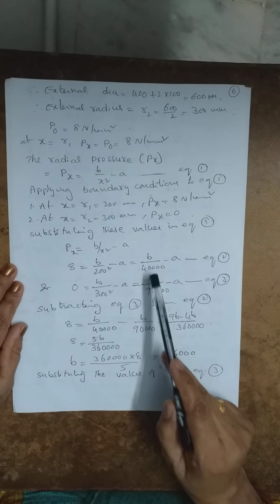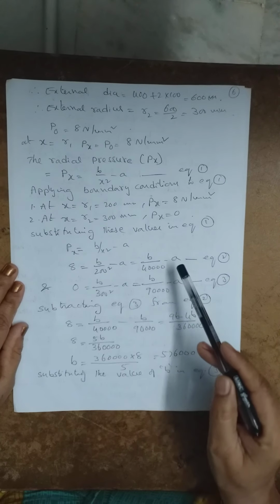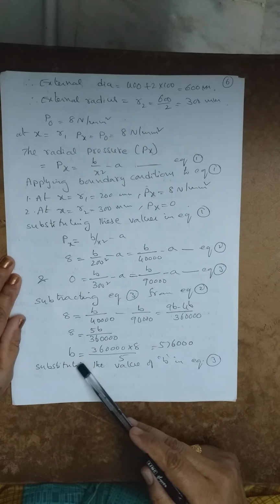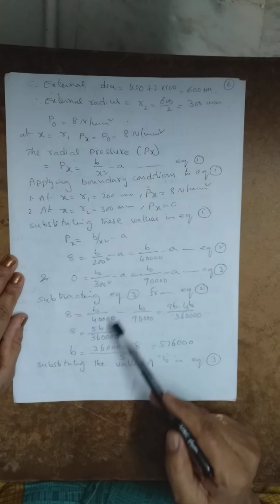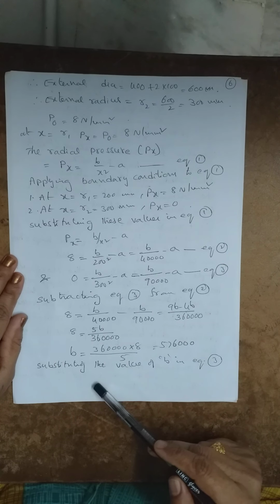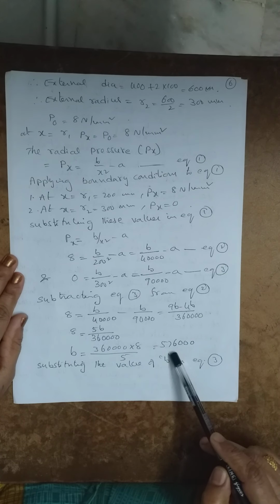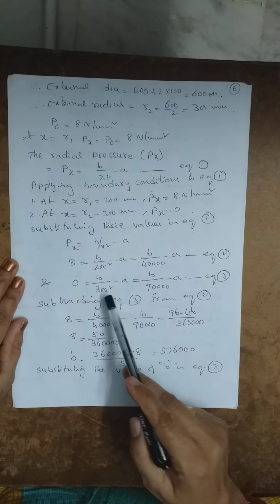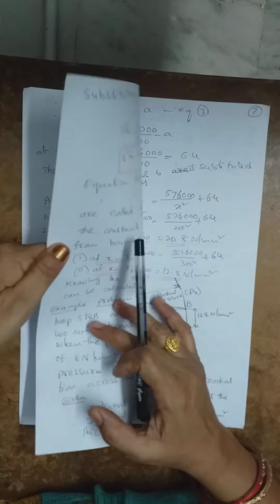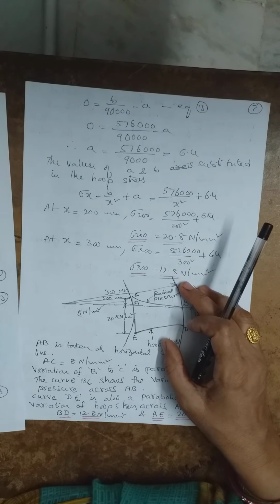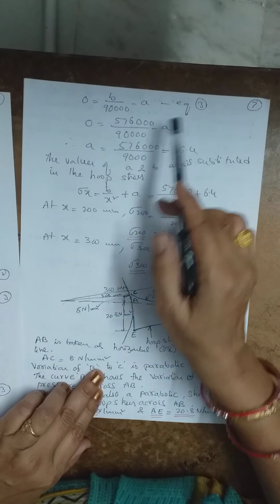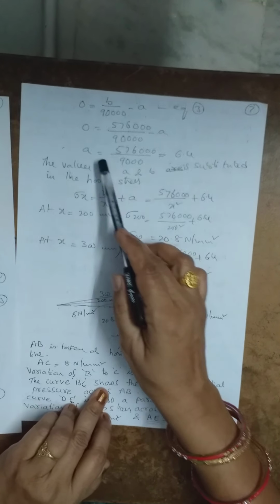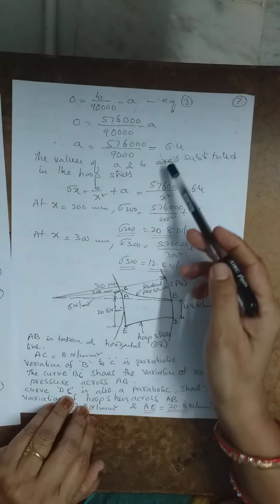To find the a and b values, we subtract equation 3 from equation 2. Simplifying, 8 is equal to b by 40,000 minus b by 90,000, and we get b as 5,76,000. Substituting this in equation 3, 0 is equal to b by 90,000 minus a, and simplifying, we get the constant a value as 6.4.